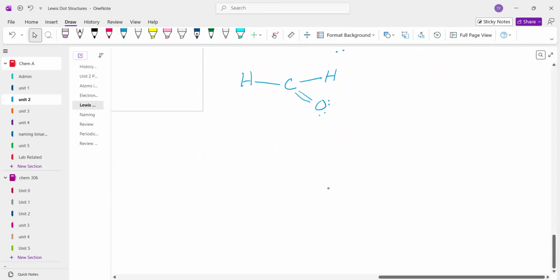Let's do one that's more complicated than that. C2H6O. Now, you're going to try this on your own. And for those of you who whipped the first one out fast, I want you to do another legal structure.